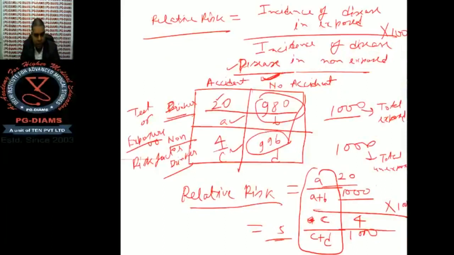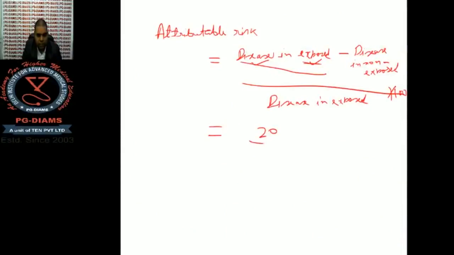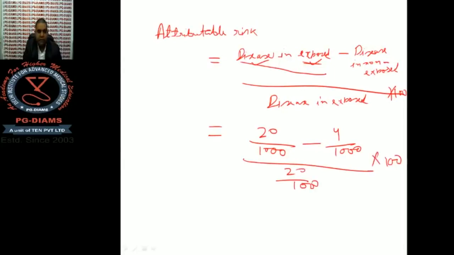See, 20 developed accident, and 20 out of 1000 were drinkers. So disease in exposed is 20 by 1000 minus disease in non-exposed, only 4 got accident out of 1000 who were non-drinkers, divided by 20 by 1000, into 100. This will be attributable risk of driving.